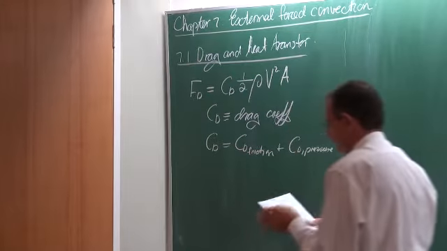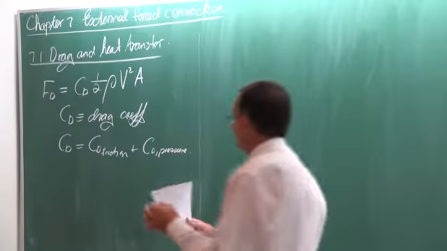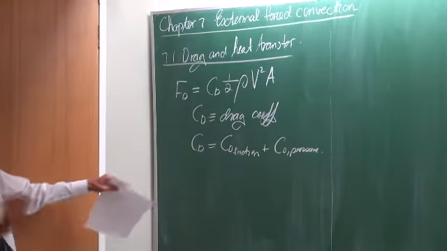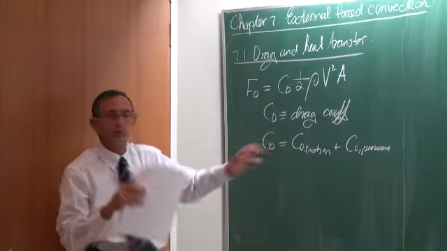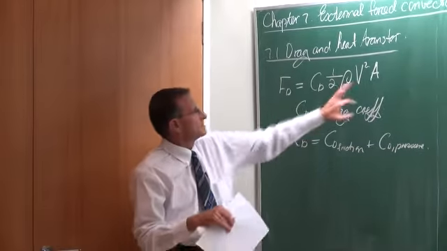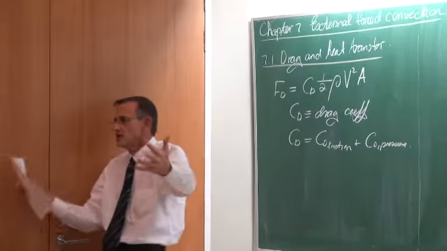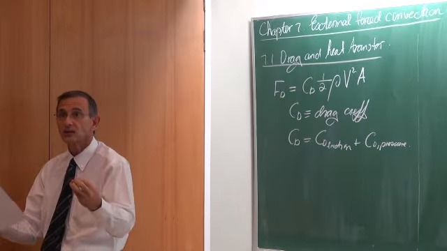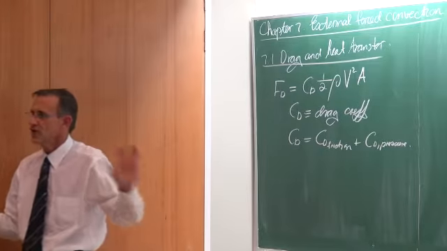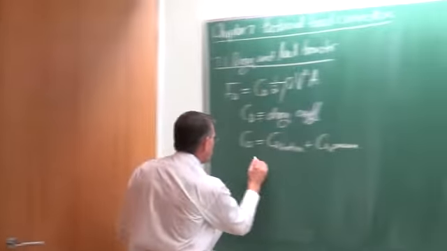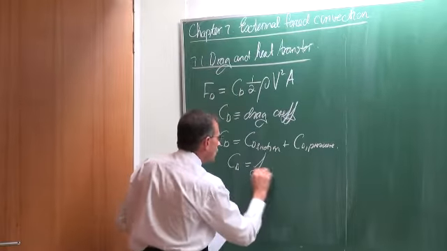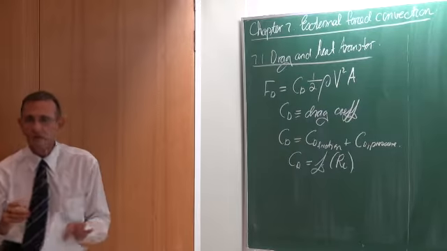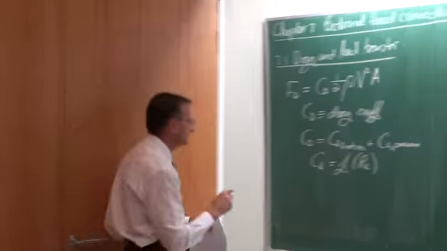In terms of heat transfer, okay, so if we do experiments, then as you can see and as we've discussed, the drag coefficient would be a function of velocity, which is actually Reynolds number. So all the experiments and all the correlations would give us the drag coefficient as a function of Reynolds number. So CD is always a function of Reynolds number. Okay. In heat transfer, it's a little bit more complicated. Okay.